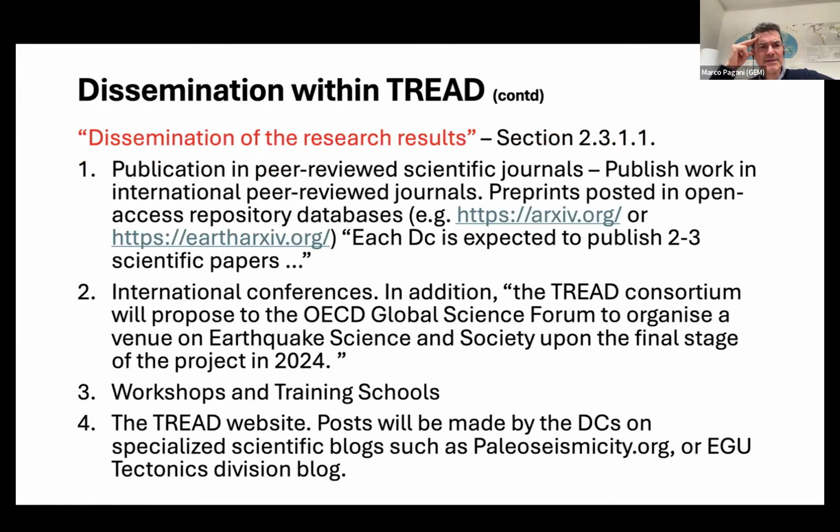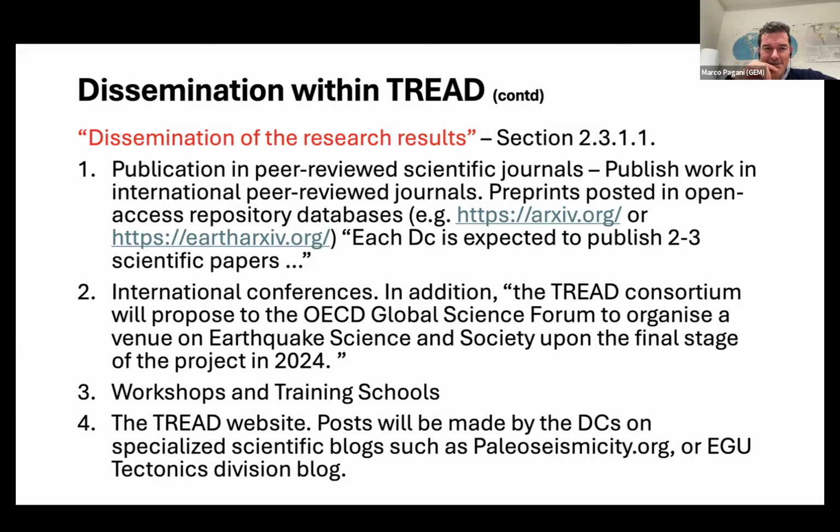Still related to dissemination, of course, publication of your research in peer-reviewed journals is quite important. In the proposal, it's expected that every doctoral candidate will publish something in the range of 2-3 scientific papers. Participating in international conferences is also very important.